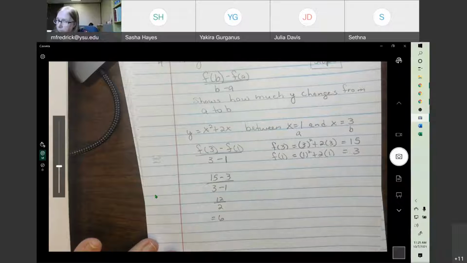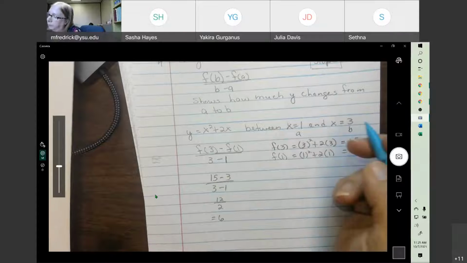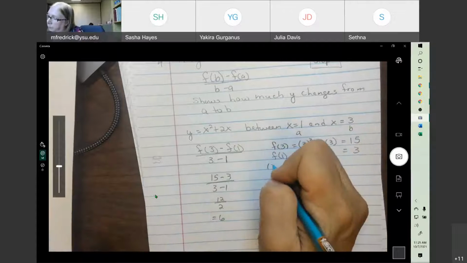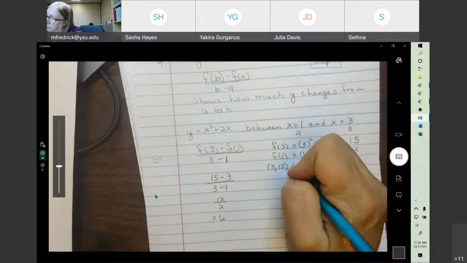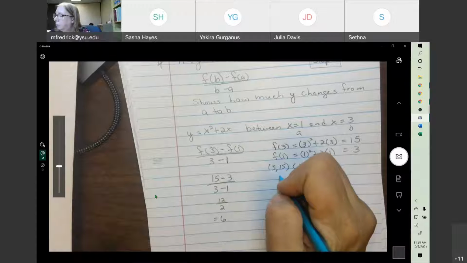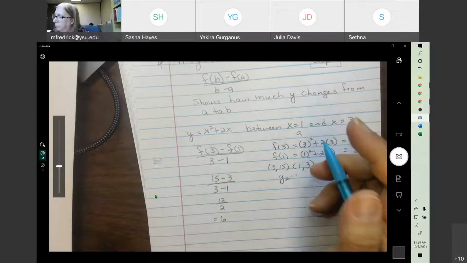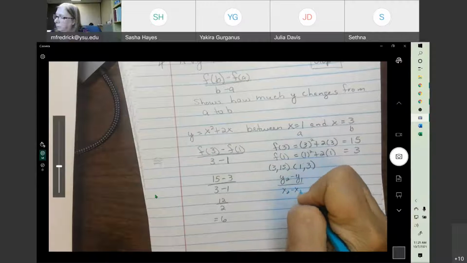If it's easier, because then you're not remembering as many formulas, when you plug this 3 in, that's the point 3, 15. When you plug 1 in, that's the point 1, 3. So then you can use y2 minus y1 over x2 minus x1.